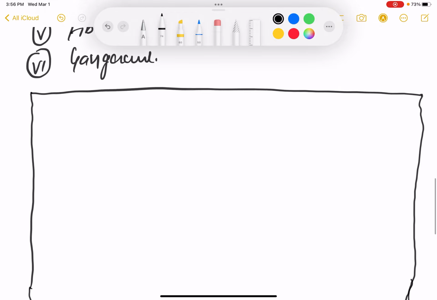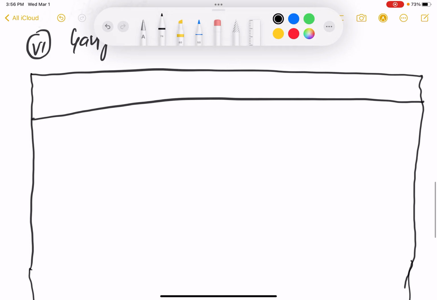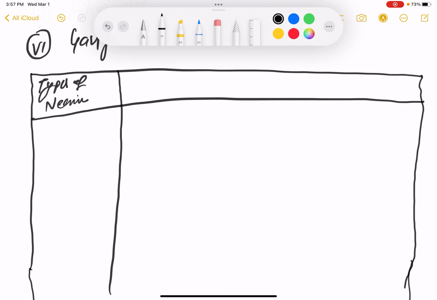So here, types of necrosis. Our first one, we will write here, is coagulative necrosis.